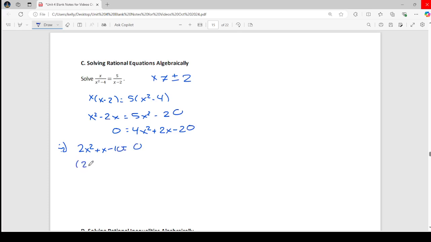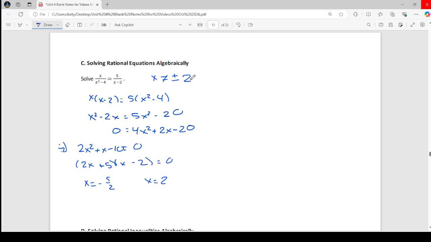This I think I can factor as 2x and x. And if I do 2x times 2, and then I add 5x, that makes 1. So this makes minus 4x plus 5x is 1. 5 times minus 2 is 10. So I get the values of negative 5 over 2 and 2.